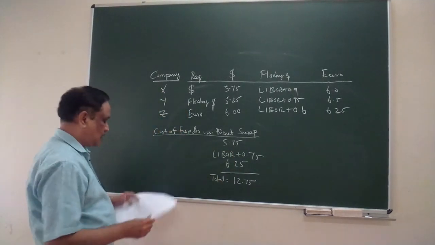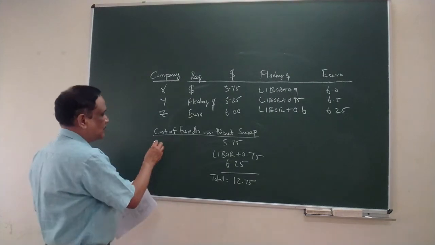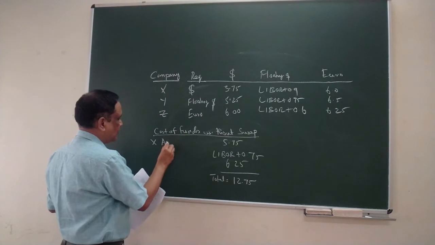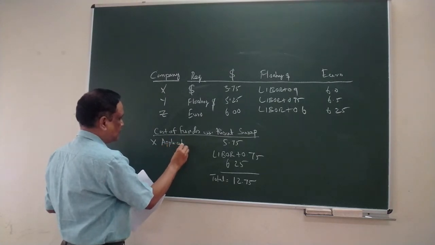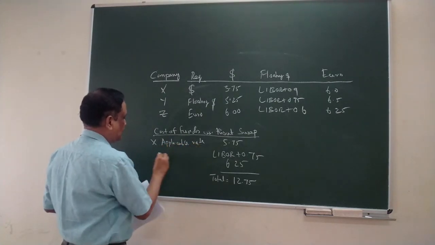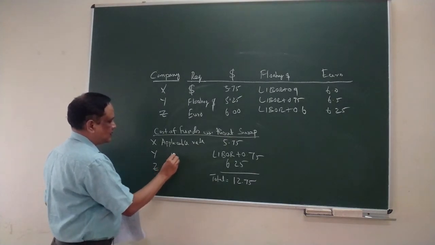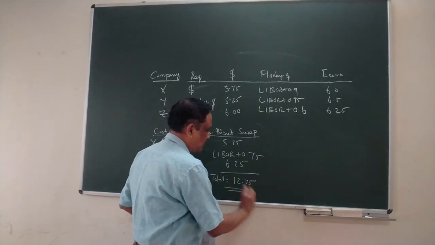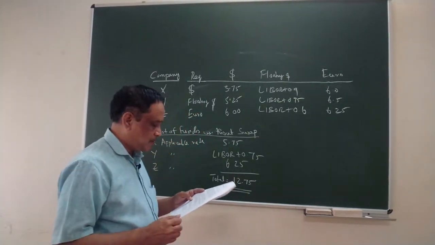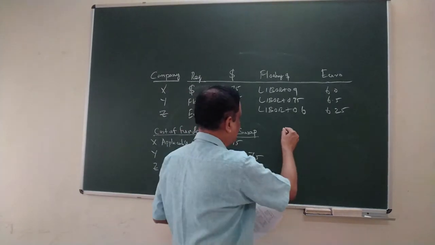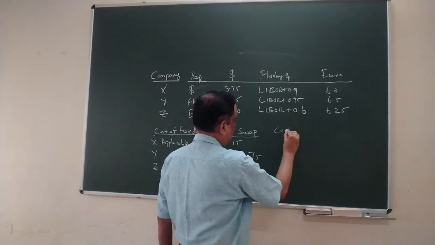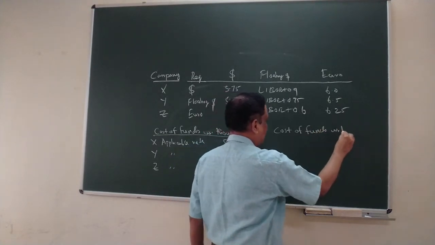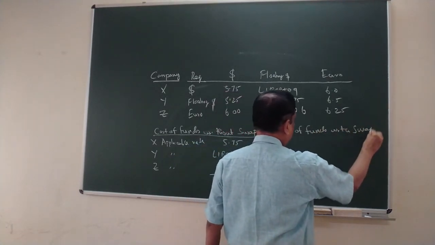So for cost of funds without swap, we have found X's applicable rate, Y's applicable rate, Z's applicable rate. So it is 12.75%. Now let us see the cost of funds with swap.